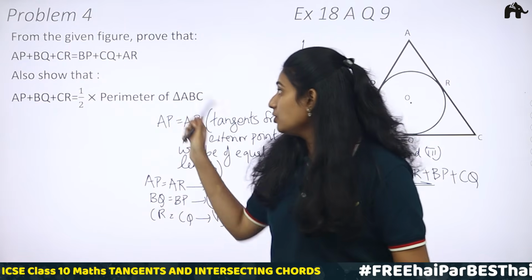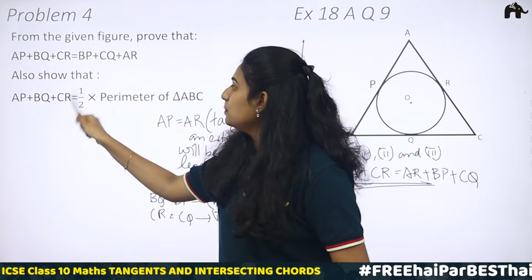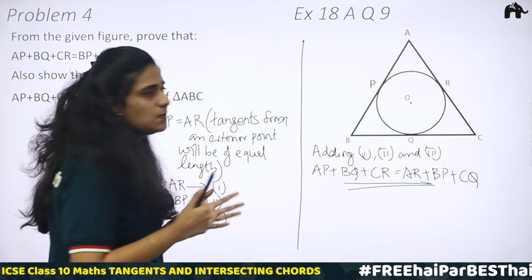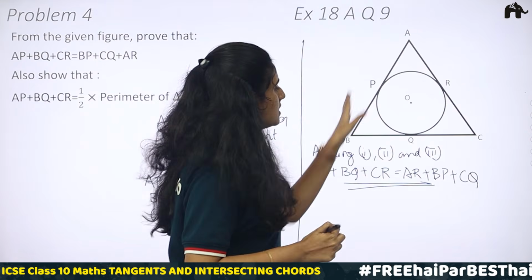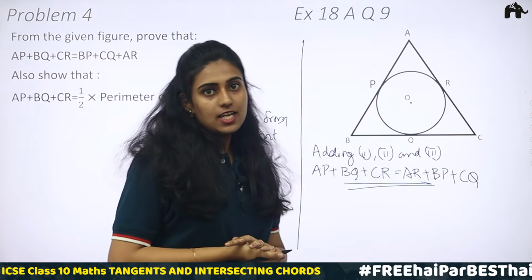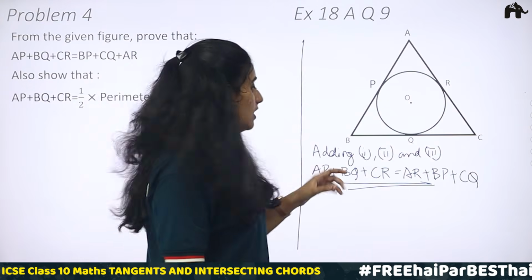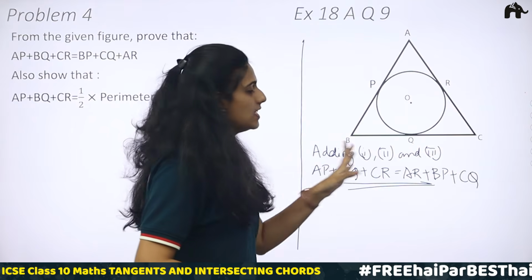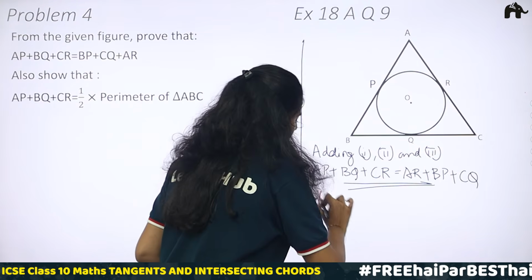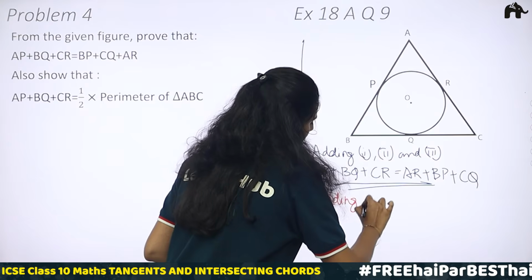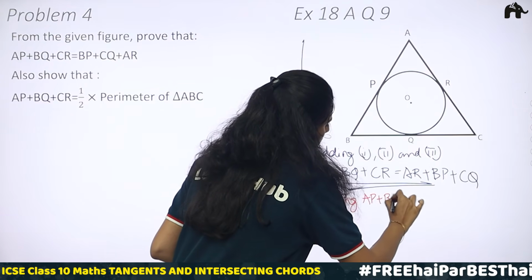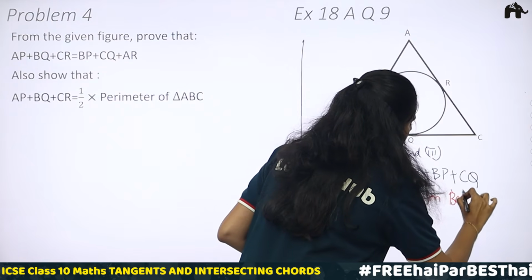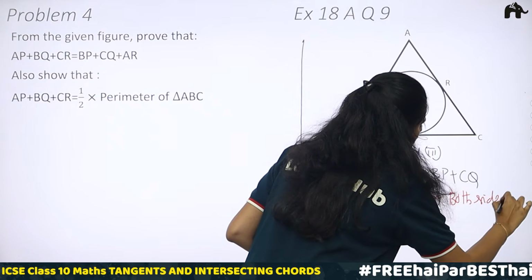Okay. Now we have to show that AP plus BQ plus CR is half of the perimeter of triangle ABC. What is perimeter of triangle? Perimeter is the sum of the length of sides of the triangle. Here what I am going to do is, I am going to add AP plus BQ plus CR on both sides. What do we get?